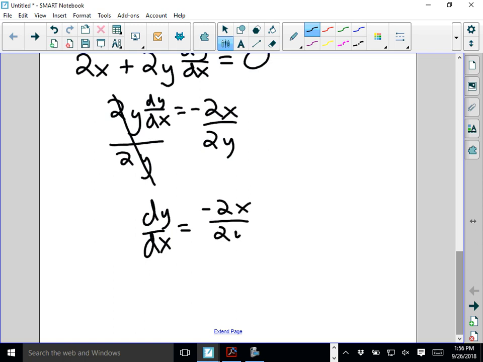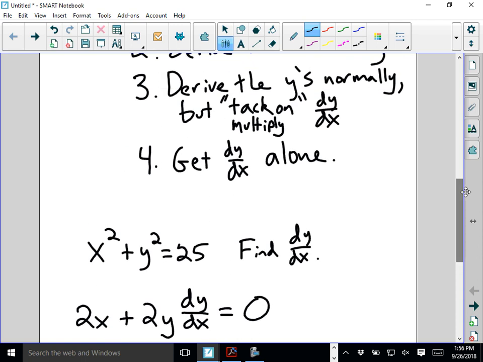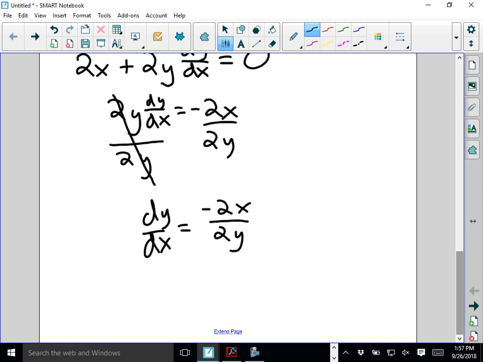One more thing I want to add to number 4: get dy dx alone and then simplify. The simplifying can be tricky on this, but this often shows up on the multiple choice section, so they're only going to report simplified answers. So I really want us practicing our simplification here.